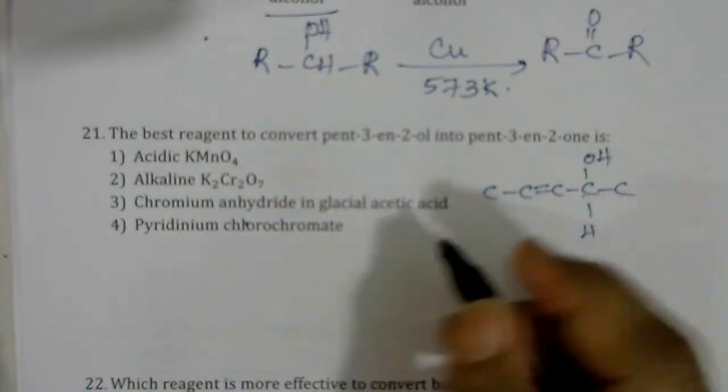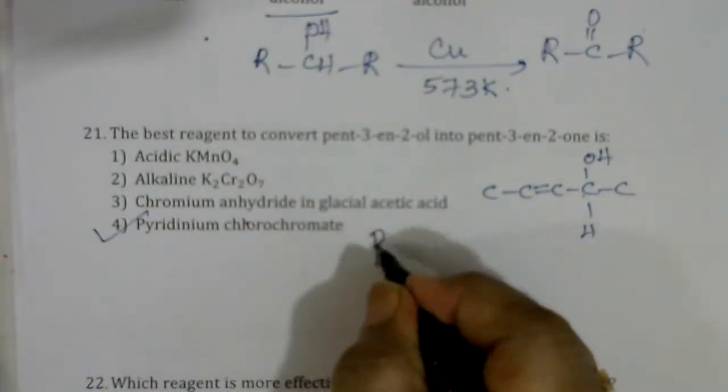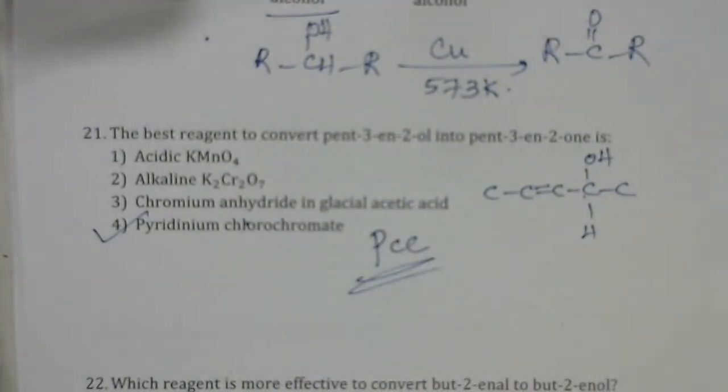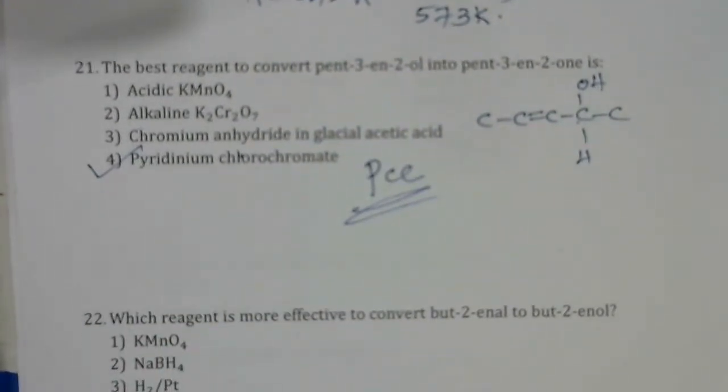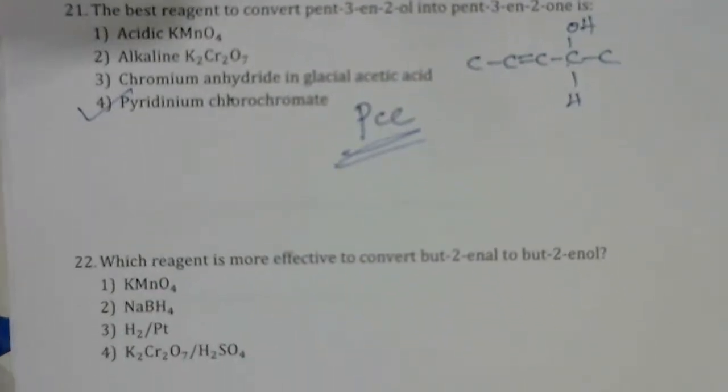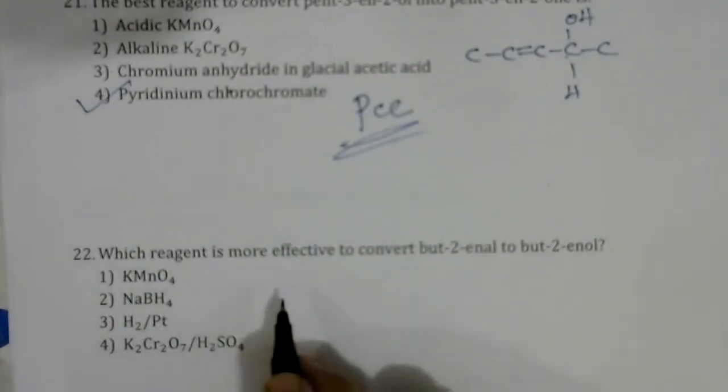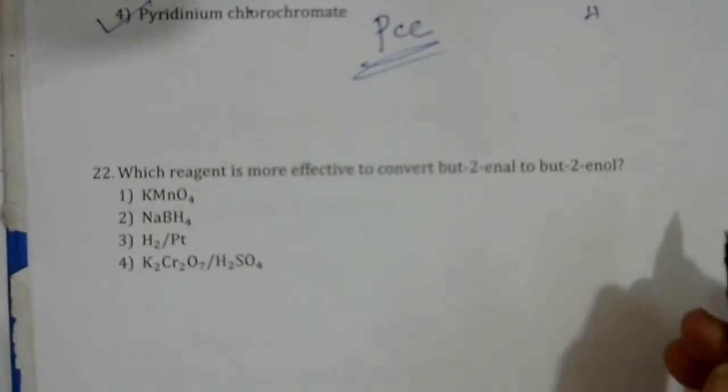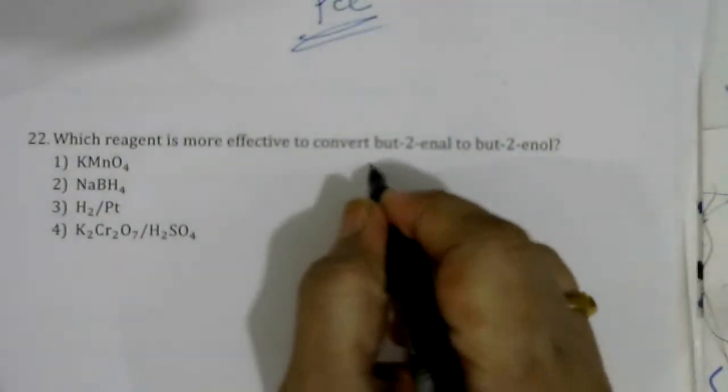That's why we can say that PCC, pyridinium chlorochromate, is the best method, because the others are converted into lower carboxylic acid. Question number 22. Which reagent is more effective to convert butenal to butenol?